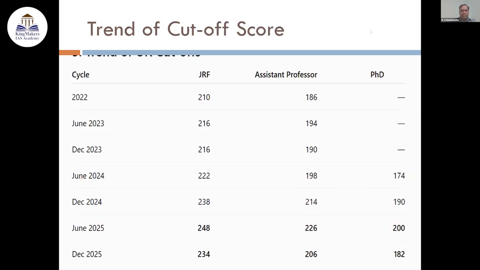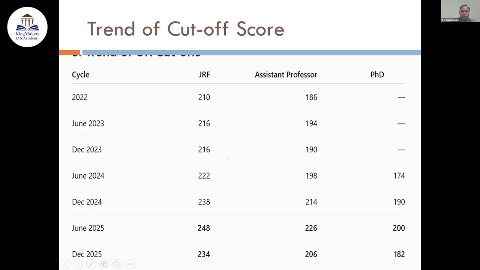Now, let's look at the trend and the cutoff score over the years from 2022. This is for the general category. The JRF cutoff in 2022 was 210. In the last exam, December 2025, it was 234.